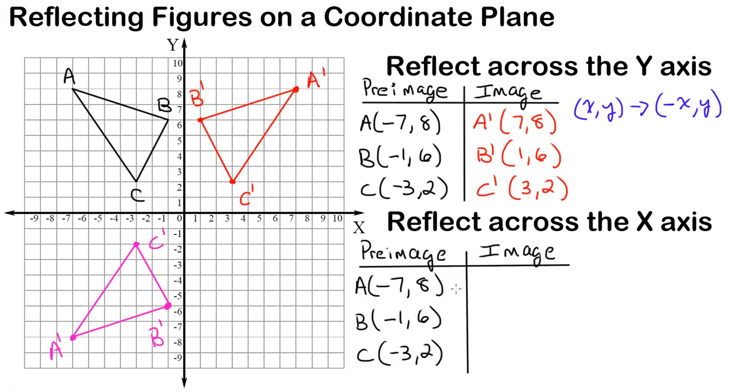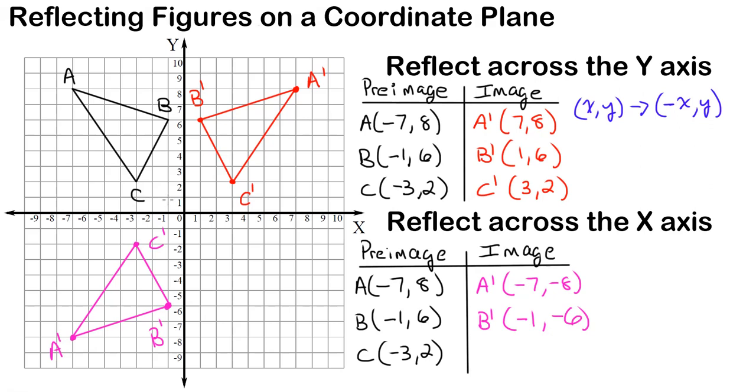Now let's take a look at how the ordered pairs change for each point when we reflect across the x-axis. Again, A was at (-7, 8), and A prime ends up at (-7, -8). And B was at (-1, 6), and B prime ends up at (-1, -6).